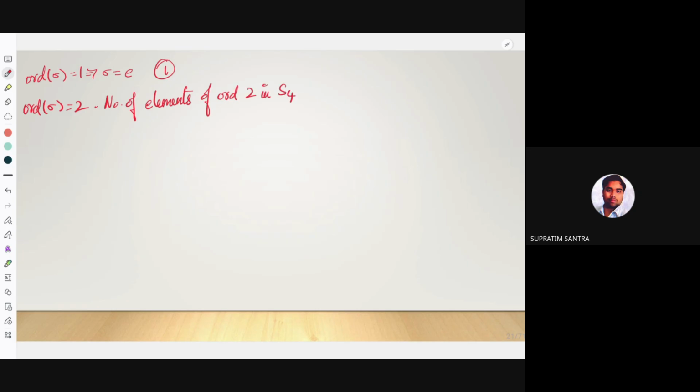So how do we usually work with elements of S4? We basically look at the partitions of 4. We have 4, 3 plus 1, 2 plus 1 plus 1, 2 plus 2, and 1 plus 1 plus 1 plus 1. So these are the 5 partitions of 4.